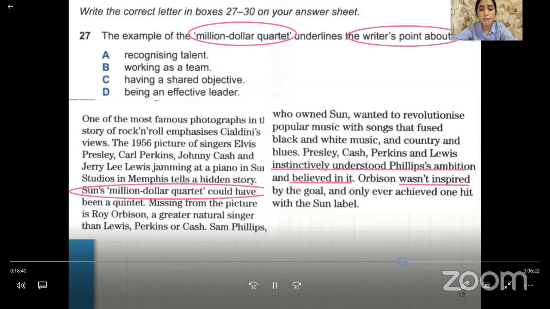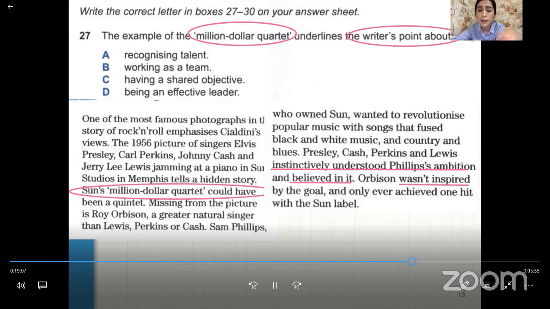So Sam Phillips, who owned Sun, wanted to revolutionize popular music with songs that fused black and white music and country and blues. So we see that Mr. Phillips wanted to blend different genres of music. That was his way of revolutionizing the music industry. Presley, Cash, Perkins, and Lewis instinctively understood Phillips' ambition and believed in it.